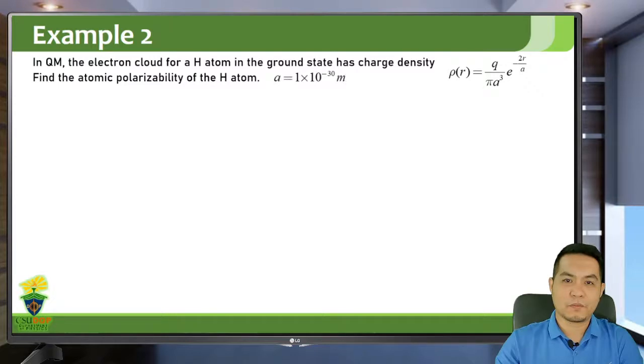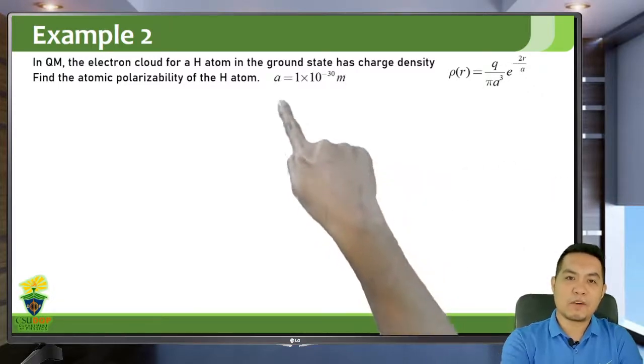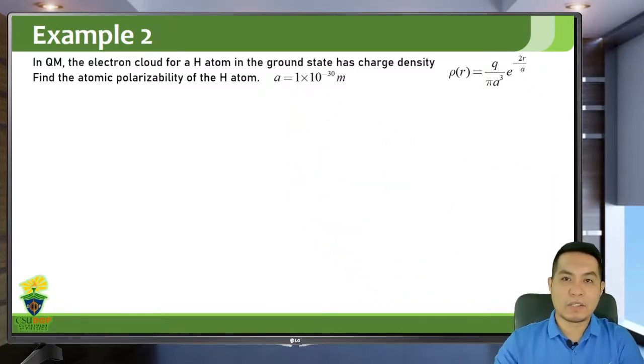So the Bohr radius for hydrogen is given by 1 times 10 to the negative 30 meters. Of course, since a hydrogen atom is basically just a proton and an electron, the charge Q is the natural quantum of charge, 1.602 times 10 to the negative 19 coulombs.